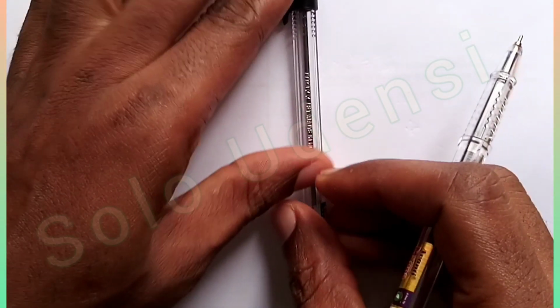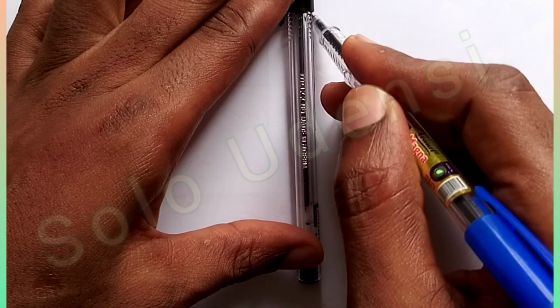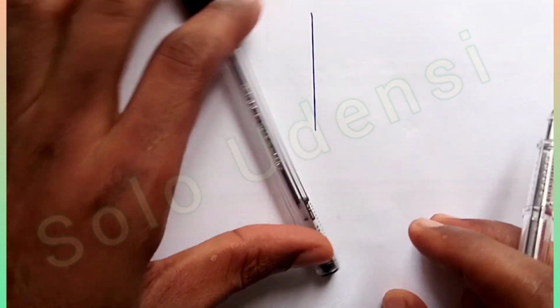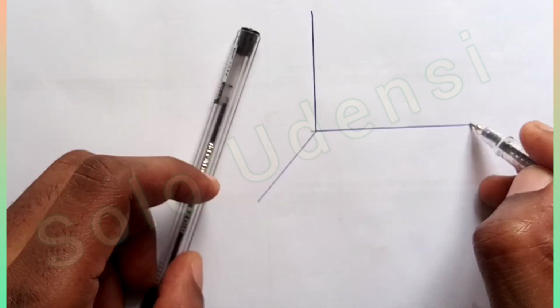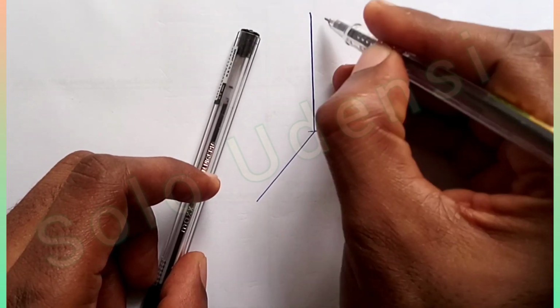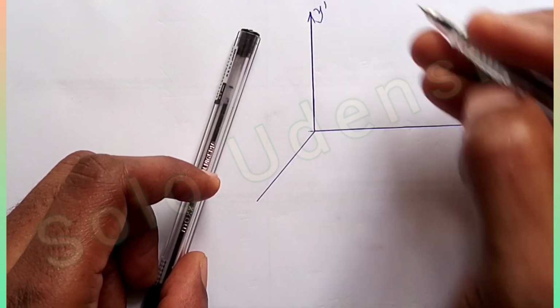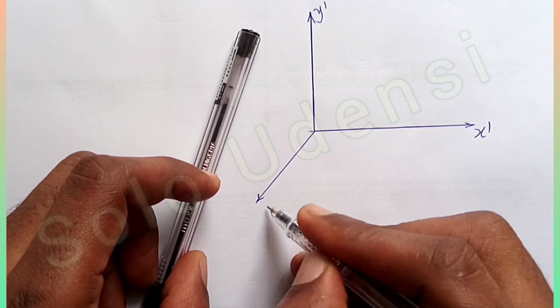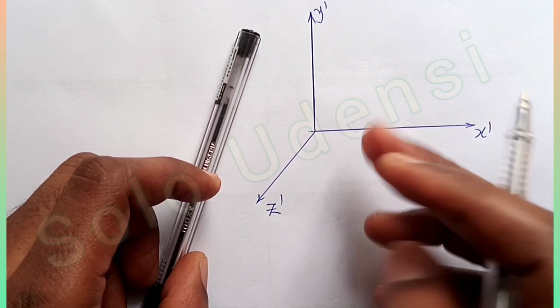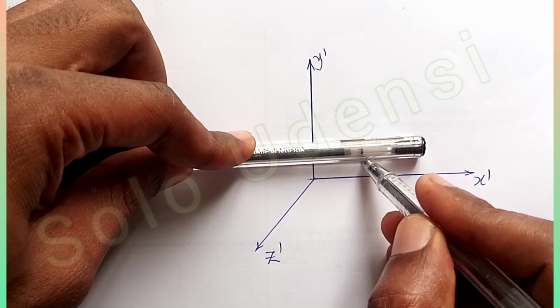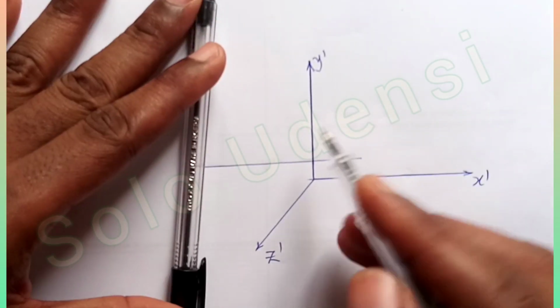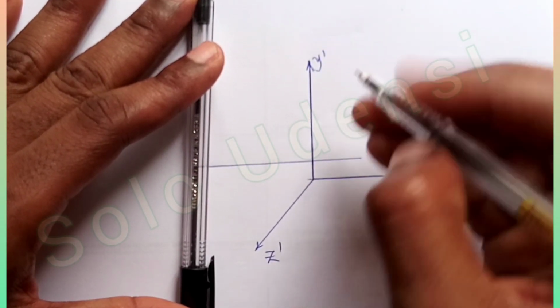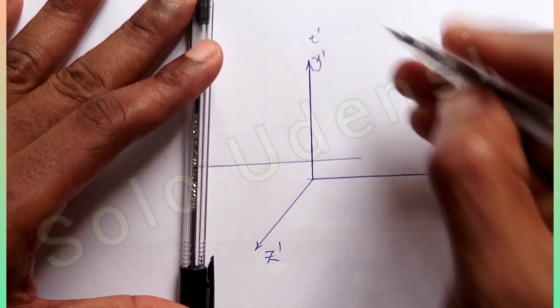So we draw the moving frame, which is the spaceship: X prime, Y prime, Z prime. We have drawn it in 3 dimensions. Here you find out that the T and Y coincide.